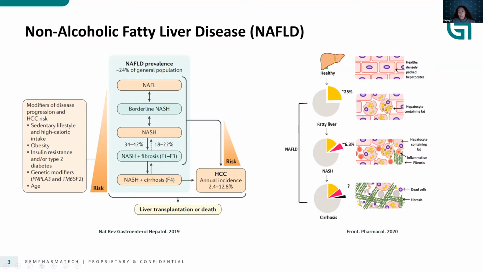And then once the accumulation increases, it will start to trigger inflammation in the cell, which leads to immune cell infiltration, as well as fibrosis, ballooning of the cell. Eventually, there will be apoptosis, necrosis, as well as fibrosis that are accumulating in the liver.